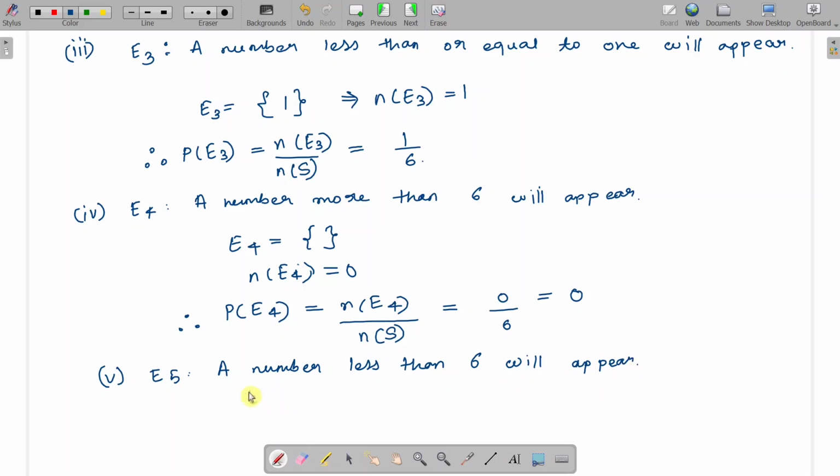Okay, so E5 is what? E5 is 1, 2, 3, 4, 5, right? So therefore the number of elements in E5 is equal to 5. So now we can find the probability of E5.